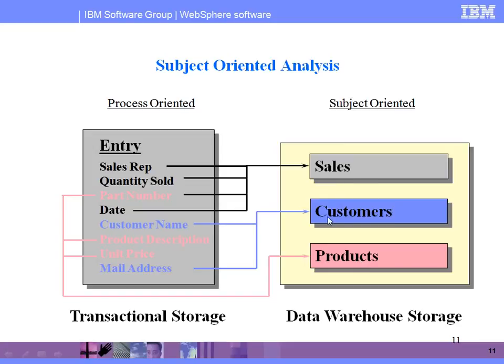What is this sales subject? What is this customer subject? What is this product subject? All sales-related data from different operational systems is maintained together. For example, multiple operational systems maintain sales data, and all of it is represented in one subject area which has multiple tables inside it.